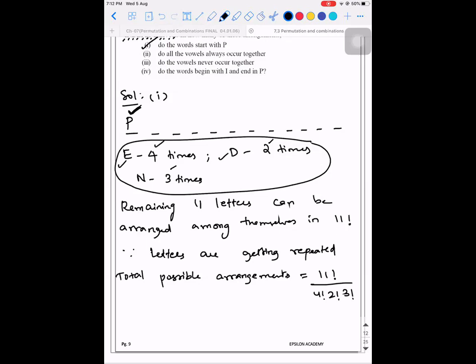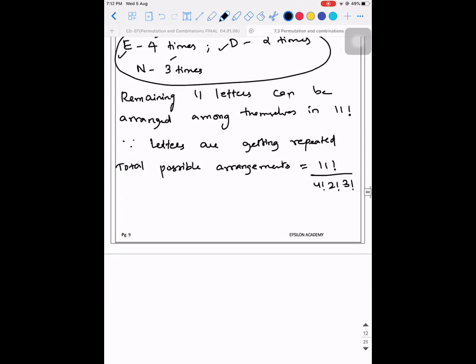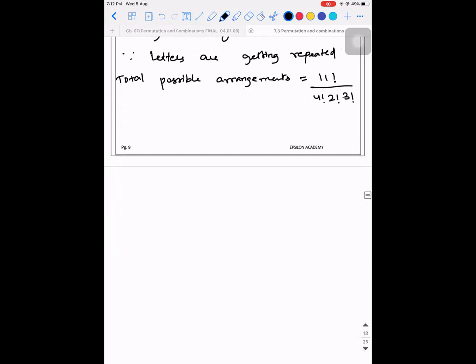Now, will you guys try? Do all the vowels occur together? Now what is happening? The condition of P in the first position is gone. Don't have that in your mind. This is an independent question. So in the second part of the question, what they're saying is all vowels occur together.